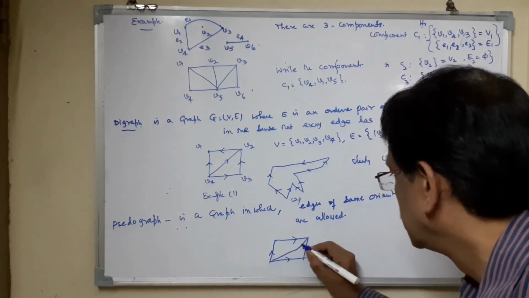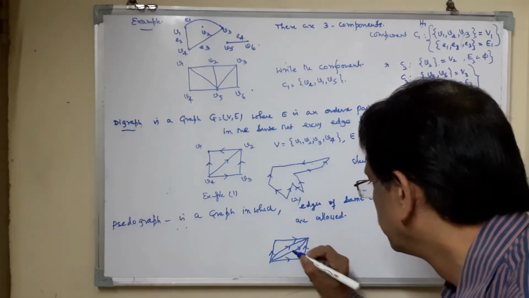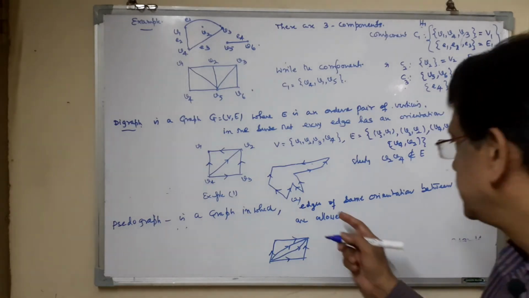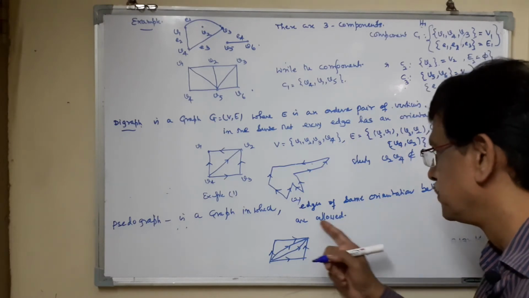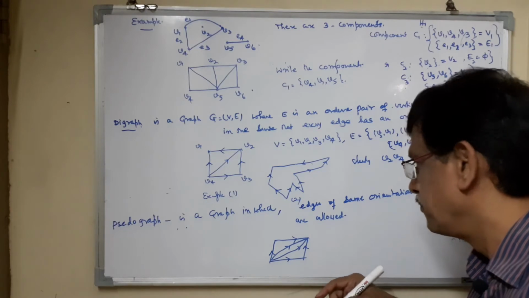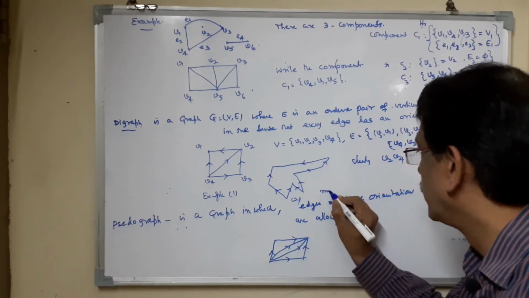I'll write it like this. Again, another edge. So I'm allowing multiple edges. Edges of the same orientation between two vertices are allowed. How many edges? Many edges, more than one.